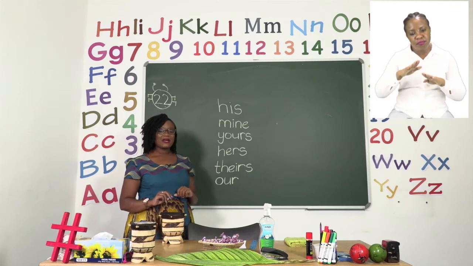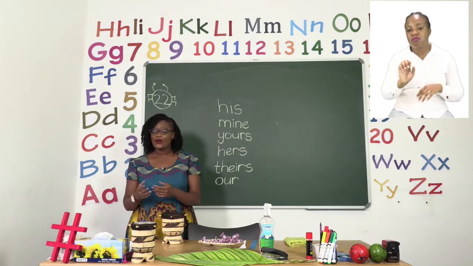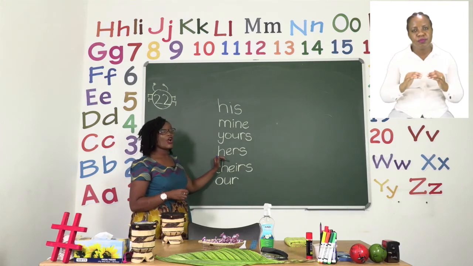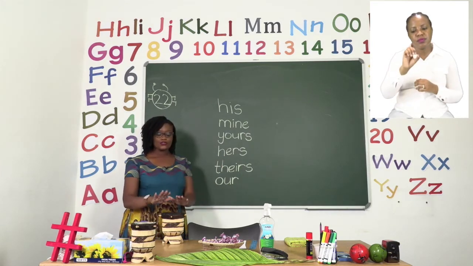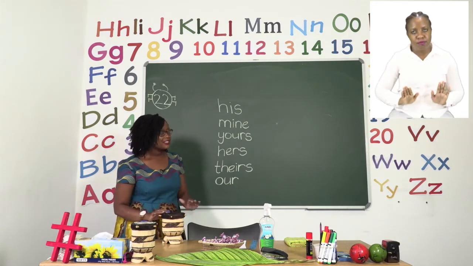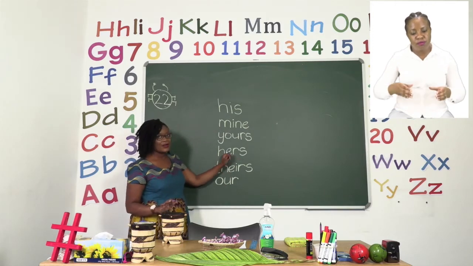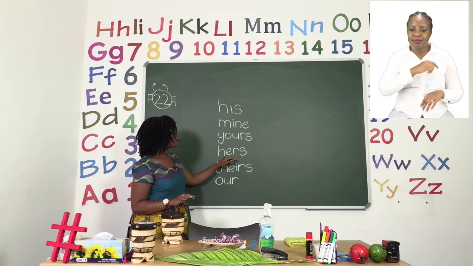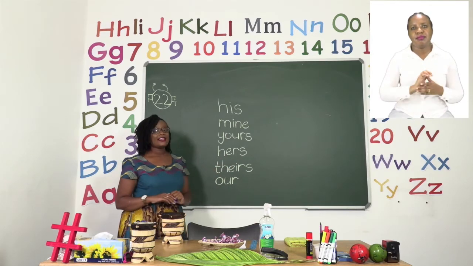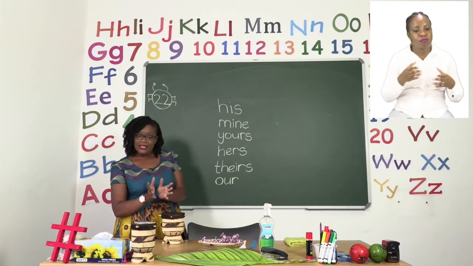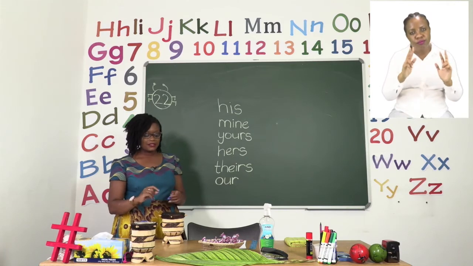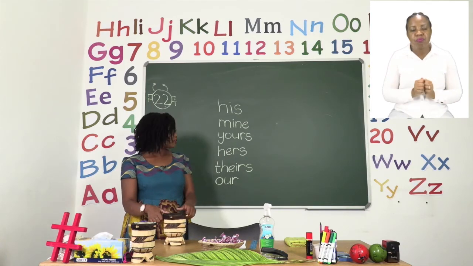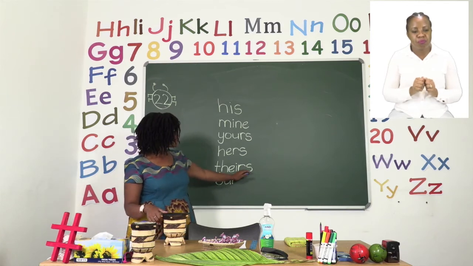Then the next one is if there was a girl and we want to give her the drum, we say hers. The drum is hers, which means that the drum belongs to her. Then, if there was a group of people that we wanted a drum from, we say theirs.